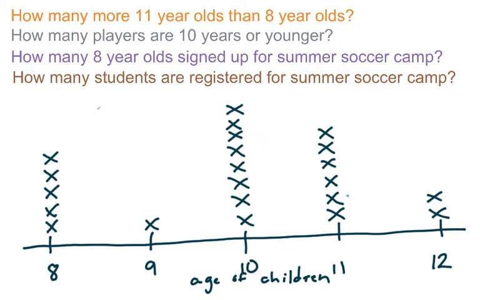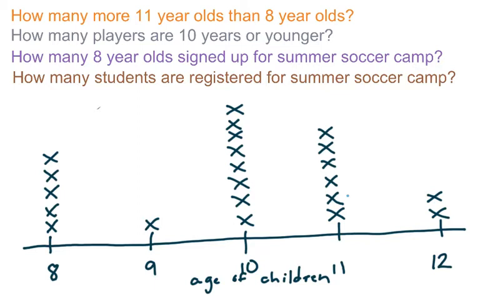Sorry, I had to remove the title to get the questions in there. Number 1, write this on your whiteboard somewhere or answer in your head or out loud. How many more 11-year-olds than 8-year-olds signed up for summer soccer camp?